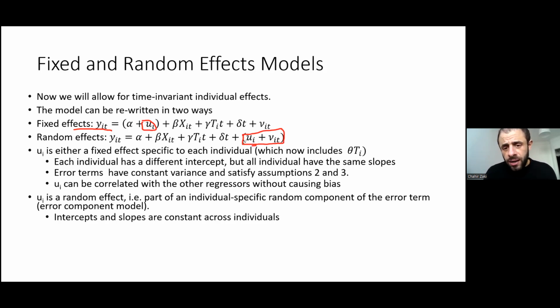Because if the UI here is included in the error term, the estimates coming from the random effects can be unbiased if all of this error term is not correlated with X. Because if it's correlated with X, this means that the assumption of orthogonality is not satisfied, and if it's not satisfied, we get biased estimates.